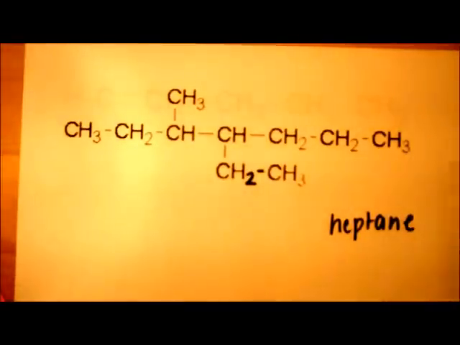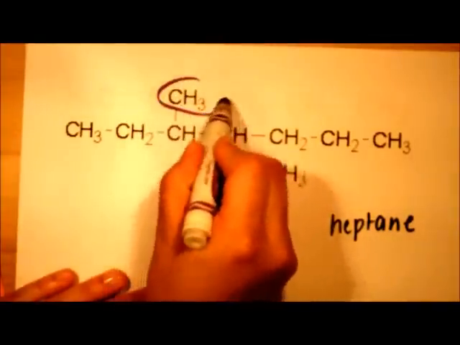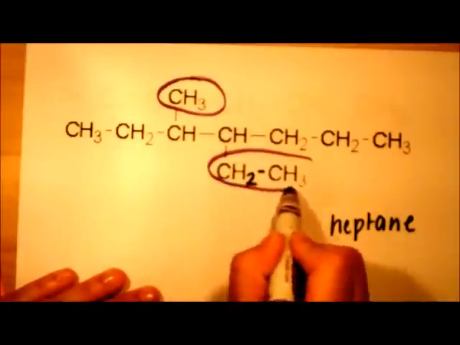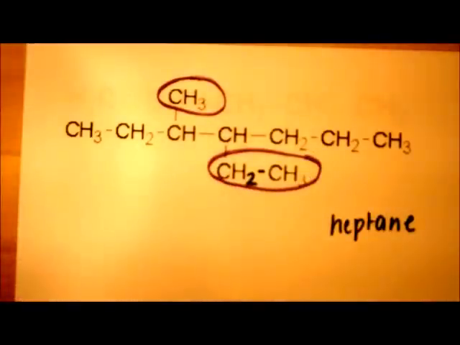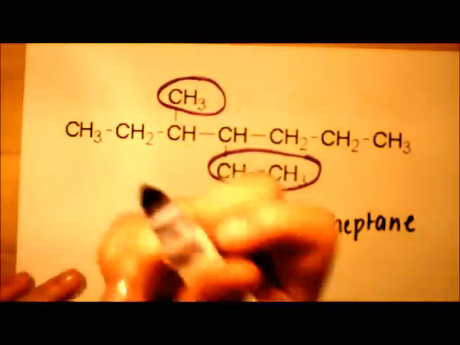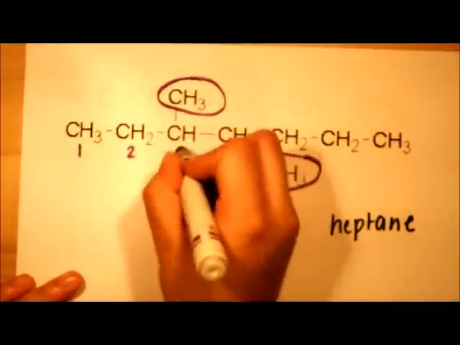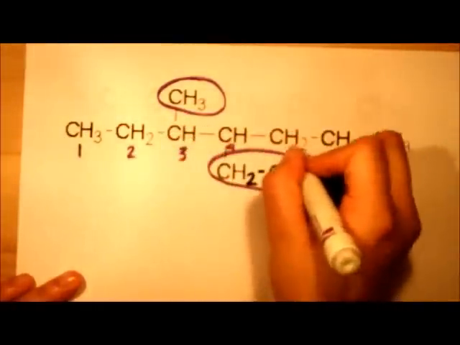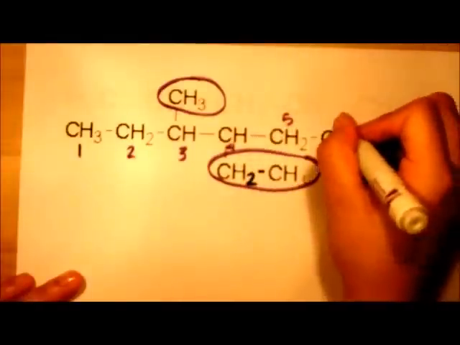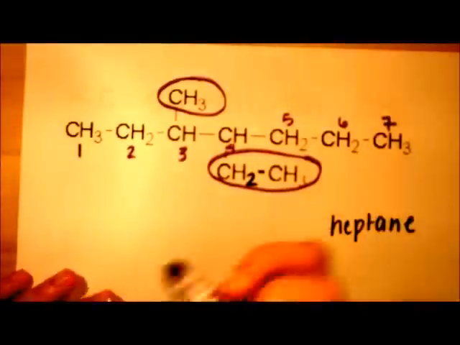Okay, now in this example, we have 2 branches. We have one branch right here and one branch right here. Okay, so like I said before, we want to number it so that the branches have the lowest numbers possible. So we'll start numbering from the left. So this will be 1, 2, 3, 4, 5, 6, 7.